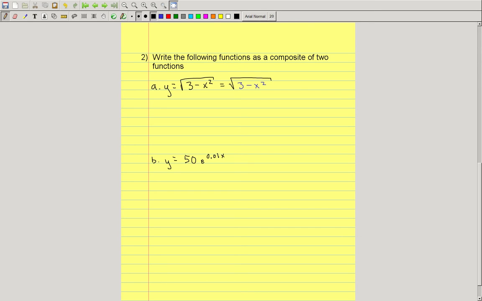So we're going to break this up into y equals f of u, and then we're also going to write u equals g of x as our two components for our function. F of u is going to be equal to the square root of the function u, and g of x is going to be 3 minus x squared. And we can see using the colors here the two components of our original function y.